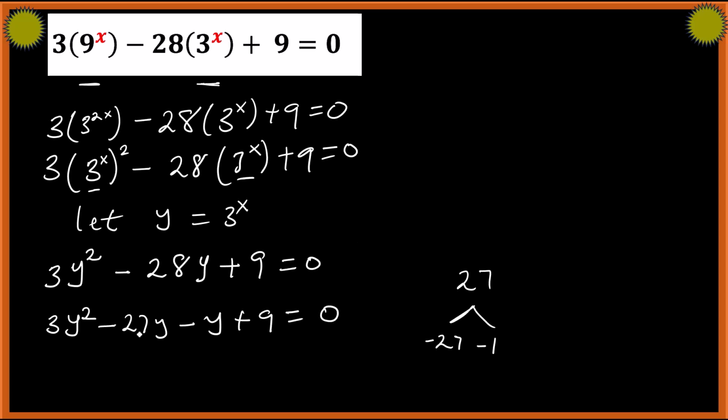Okay, now let's factorize something out here. You know, 3 can go into this, so let's take 3y out. So I will leave y here. This 1 times y will be 3y squared. Okay, so minus 9, because 3y times 9 is minus 27y.